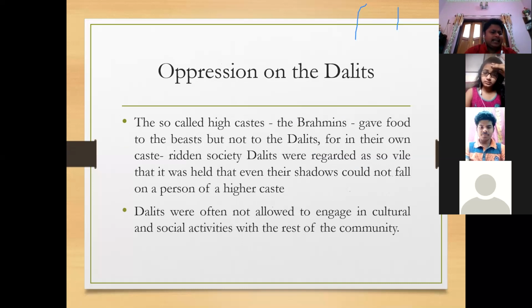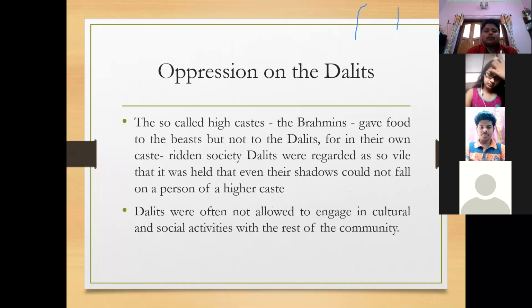Since they are the lower caste, the upper three castes, the Brahmins, the Kshatriyas, and the Vaishyas, inflicted several types of oppression and torture on the Dalits. So we see here the so-called high castes, the Brahmins, gave food to the beasts, but not to the Dalits.